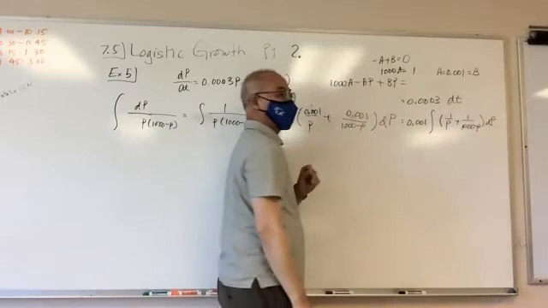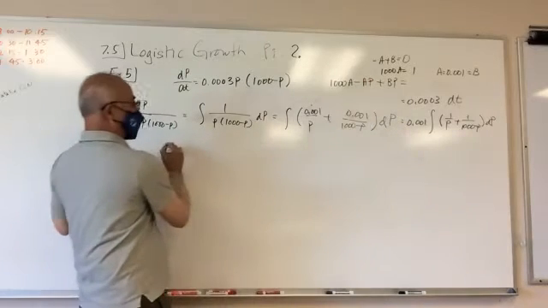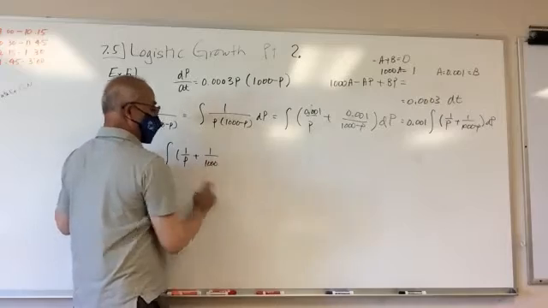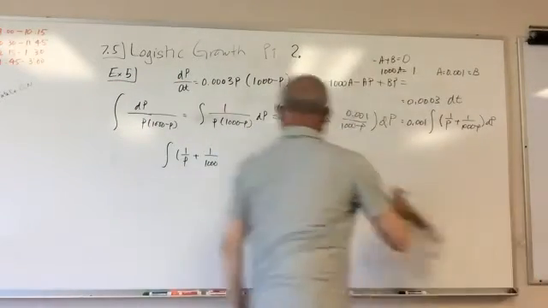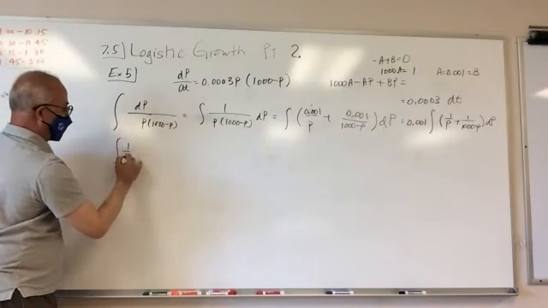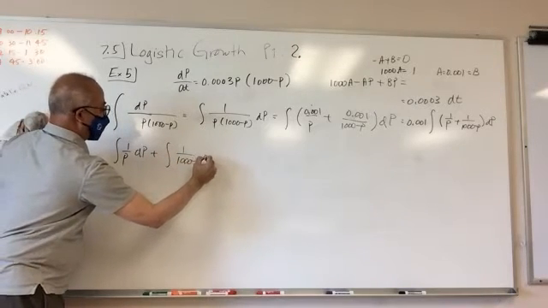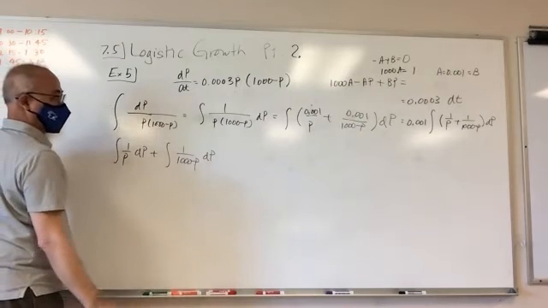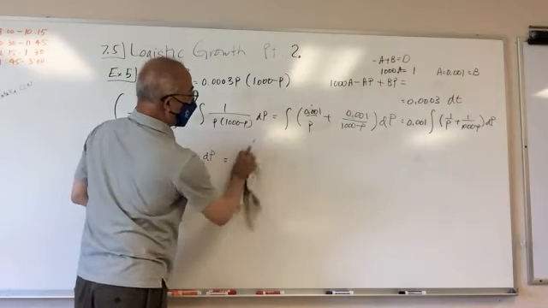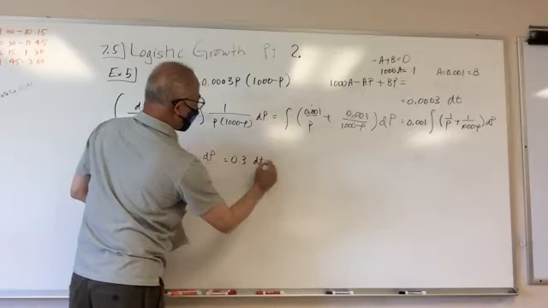So I'm going to multiply everything by 1,000, which gives me the equation, equal to 0.3. Is it 0.3? 1, 2, 3, yeah, 0.3 dt.